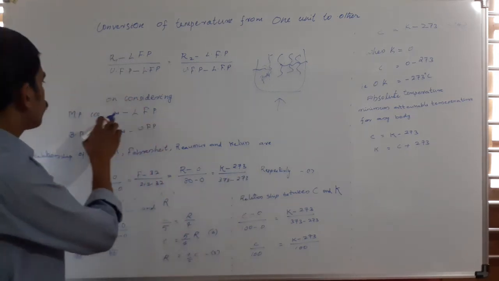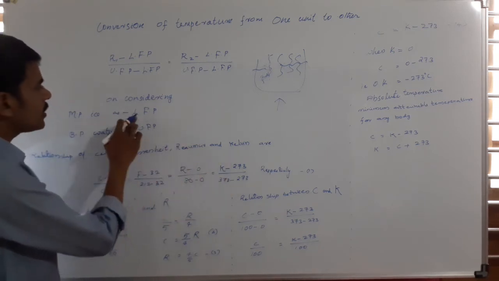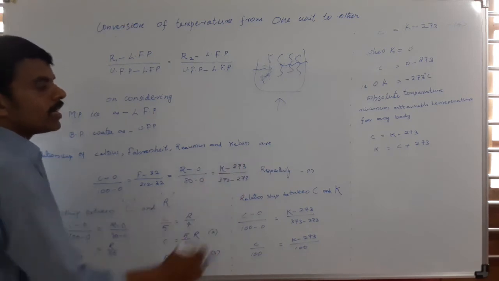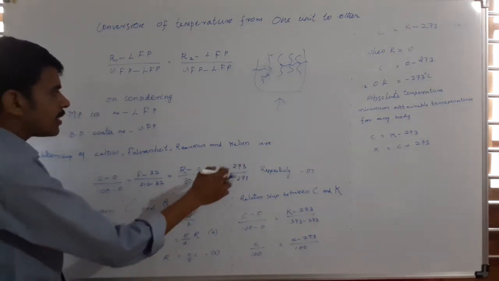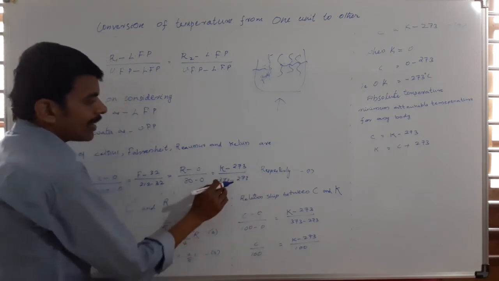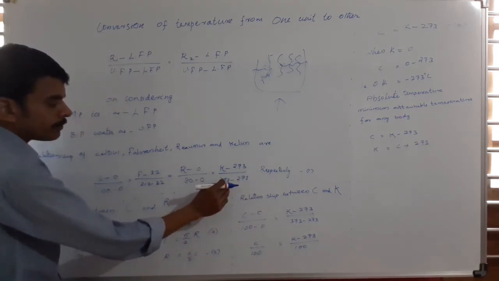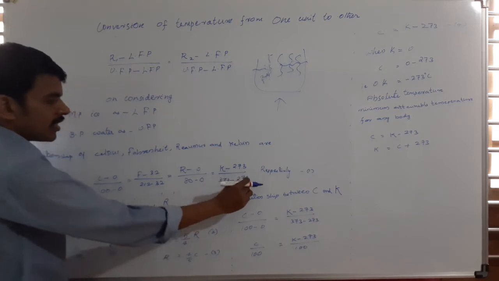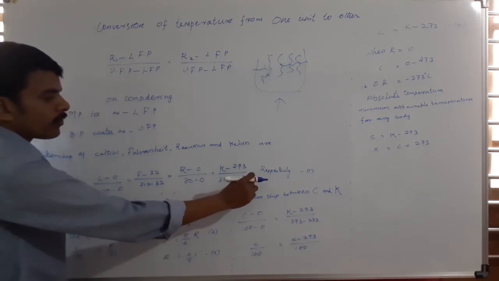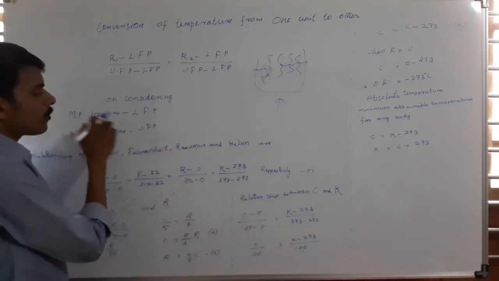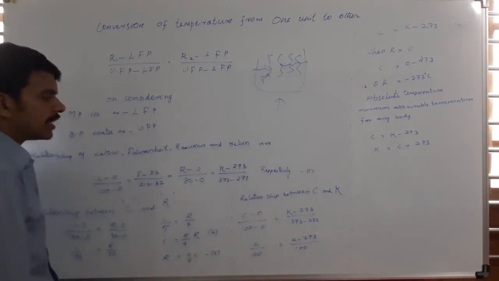The melting point of ice in Kelvin is 273 Kelvin, whole divided by the boiling point or steam point of water in Kelvin, which is 373, minus the lower fixed point of Kelvin, considering the melting point of ice, which is again 273.